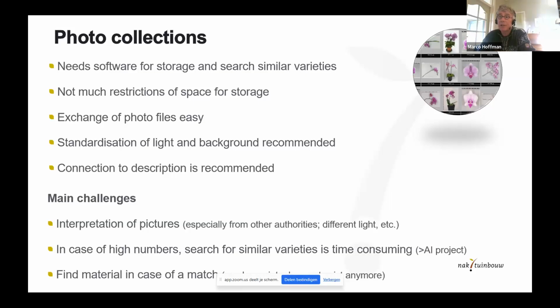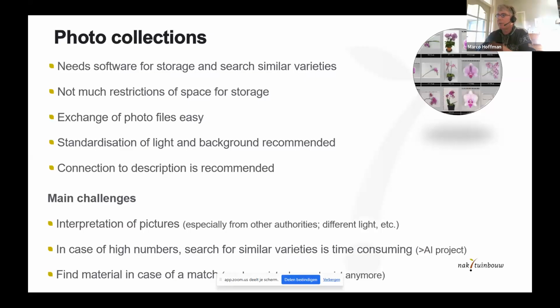Then we have the case that sometimes we have high numbers of pictures, and it's rather time consuming to search for similar varieties in this high number of pictures. Maybe a good example is, again, Phalaenopsis. We have a good photo collection, more than 4,000, 5,000 pictures, and it's rather time consuming to go through these pictures for selecting similar varieties.